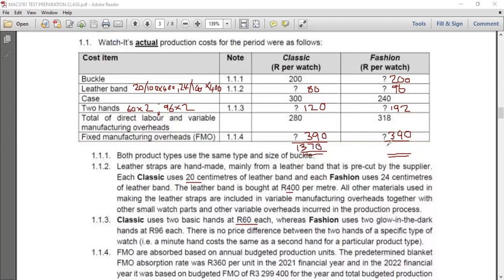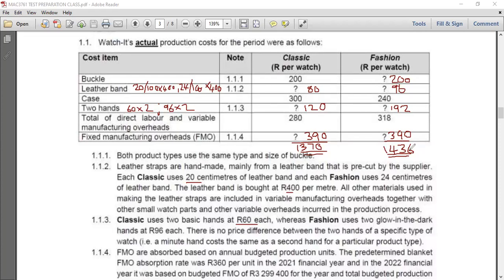And this one? $1,436. Then you take this and multiply by our number of units, the closing inventory. You just multiply by the number of units. That will be the closing inventory.